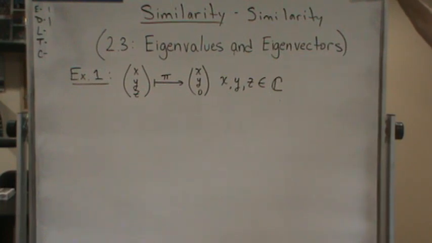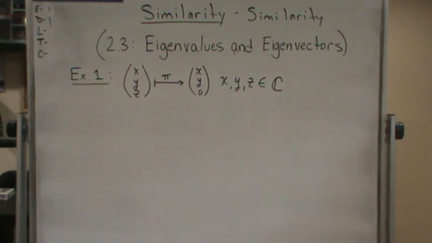So some authors will call eigenvectors, eigenvalues, characteristic values, and characteristic vectors. Nobody ever calls it peculiar vectors, but you will see authors that will use the word characteristic instead of eigen.